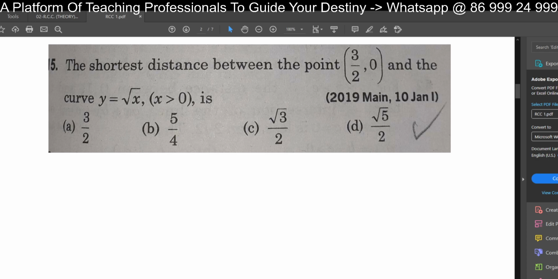Just see this carefully. What I'm taking, I'll take a point now on this curve. Let me say x square.